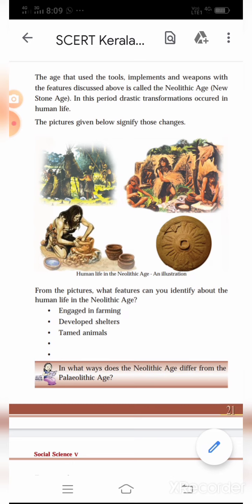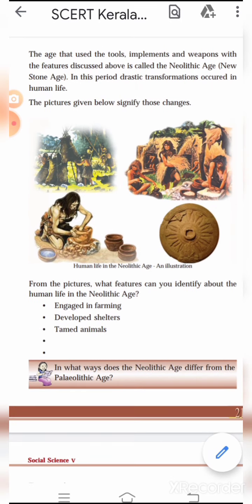In this period, drastic transformations occurred in human life. A lot of changes happened during the Neolithic age. Look at the picture and find out the changes. What are the changes? The people engaged in farming and developed shelters.